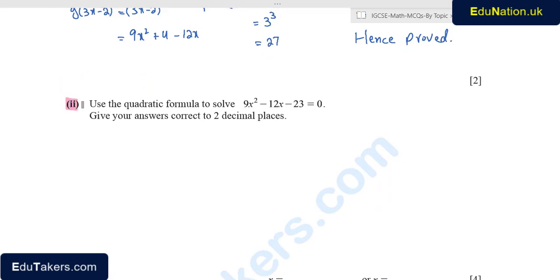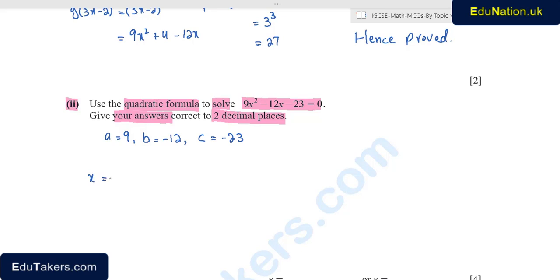Its second part is use the quadratic formula to solve 9x square minus 12x minus 23 is equal to 0 and give your answers correct to 2 decimal places. From this equation, a is equal to 9, b is equal to minus 12 and c is equal to minus 23.